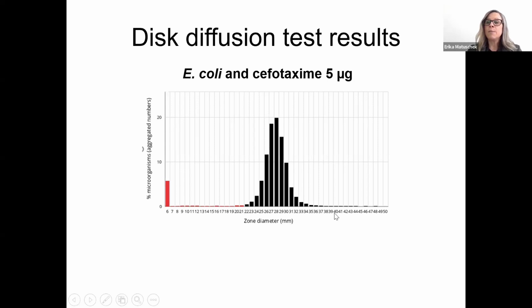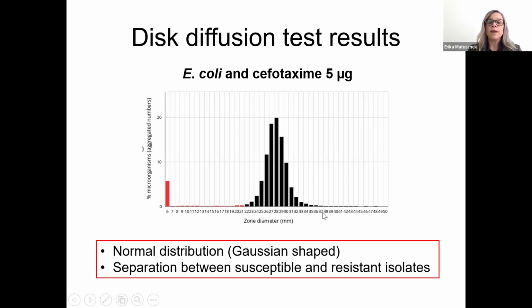So here is an example of many E. coli isolates tested versus the cefotaxime 5 microgram disc, and how they distribute. So we get a normal distribution like this with the highest bars in the middle and lower to the ends. And we will also, of course, need to know that we can separate between susceptible and resistant isolates.